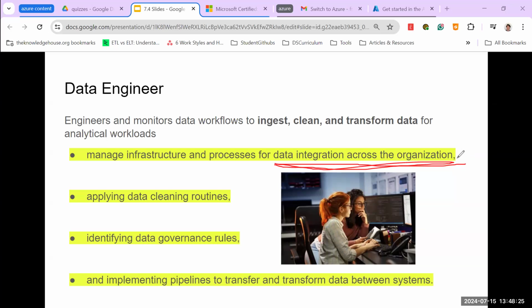Well, a data engineer would hopefully set up the infrastructure to allow everyone to be on the same platform and share data safely. And once again, like I said, they design the ETL pipelines and the data cleaning routines. They identify data governance rules, right? Where should this data not be? Who should we not transfer this data to?